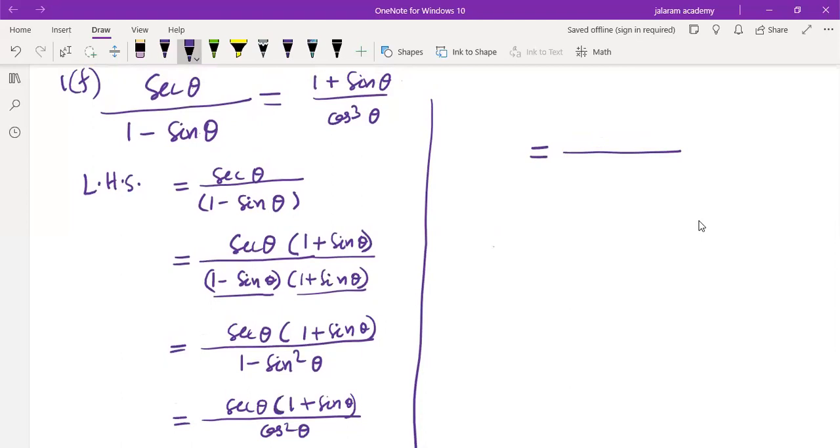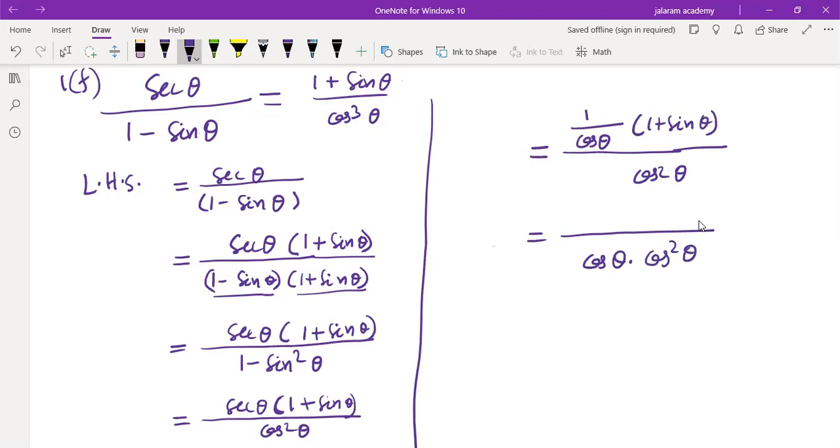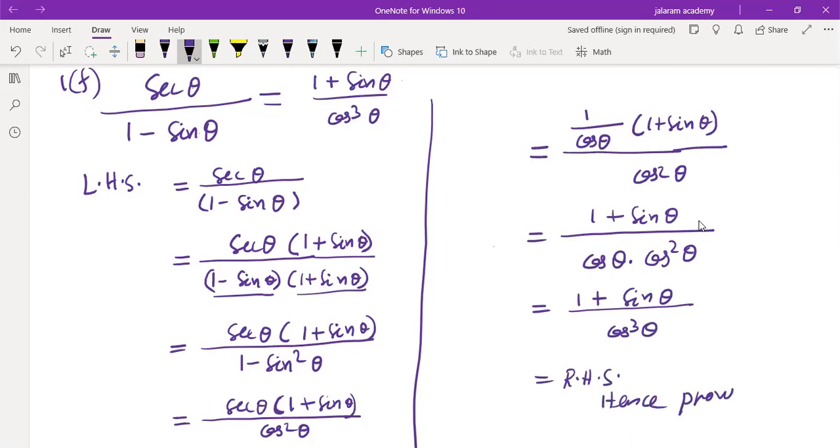Sec theta we do not require, so change it to 1 by cos theta into 1 plus sin theta over cos square theta. Now this cos theta also goes to the denominator, so cos theta into cos square theta. The numerator remains 1 plus sin theta. So it is equal to 1 plus sin theta over cos cube theta, which is equal to RHS. And finally write hence proved.